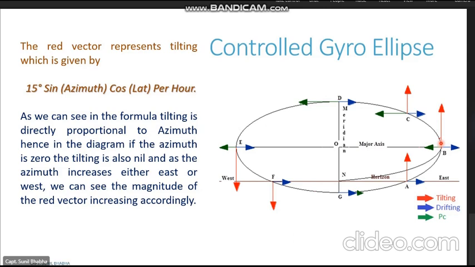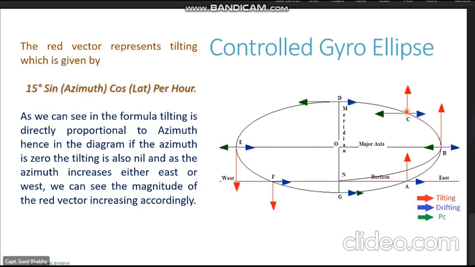After point B, the spin axis moves on to point C here, point Charlie. Now at point Charlie, the azimuth is reducing because the spin axis is coming back towards the meridian. With the azimuth reducing, the tilting also reduces. Tilting is directly proportional to azimuth.